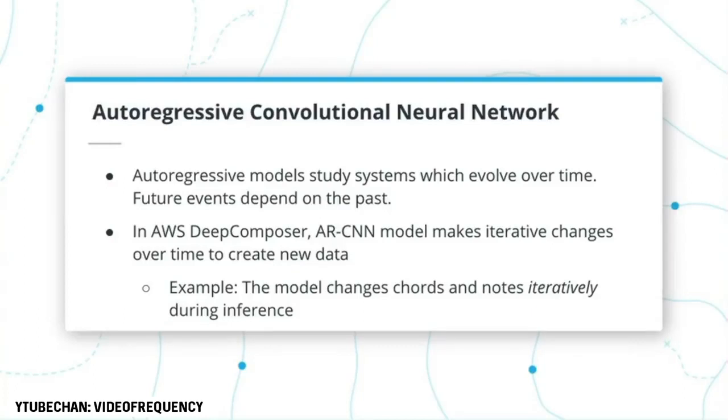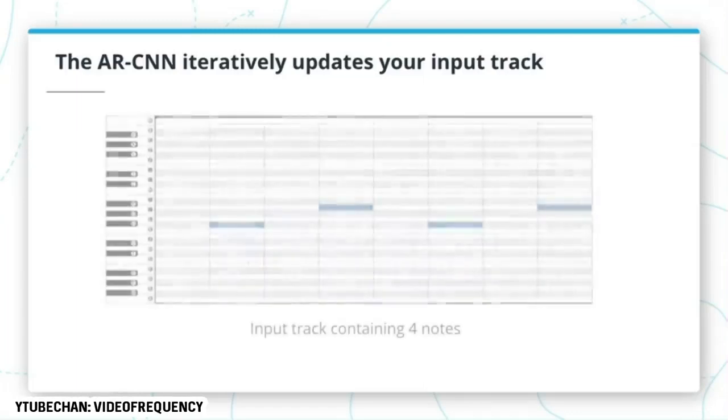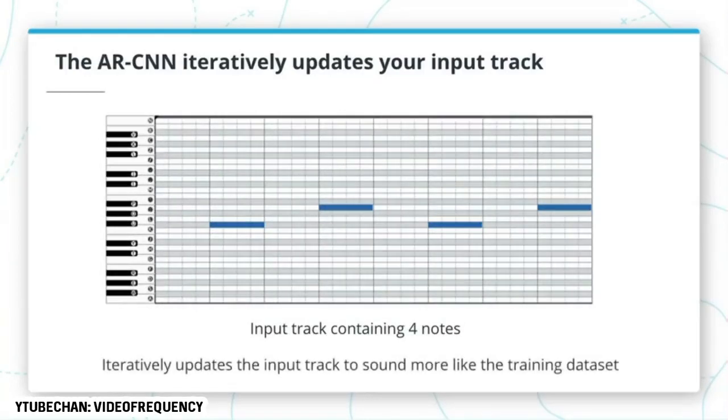In this section, you will learn about the ARCNN model in the context of AWS DeepComposer and music. Here is a high-level summary of how the ARCNN model works. Imagine you create a simple input track containing 4 notes. During inference, the ARCNN model iteratively updates your input track to sound more like the training dataset.